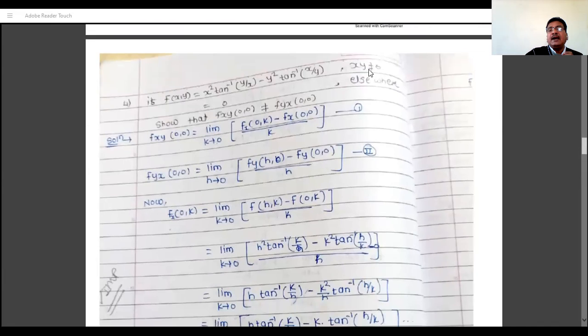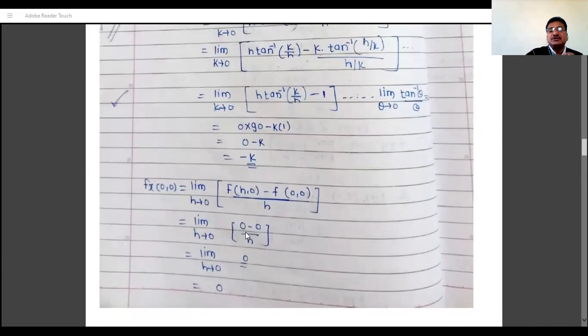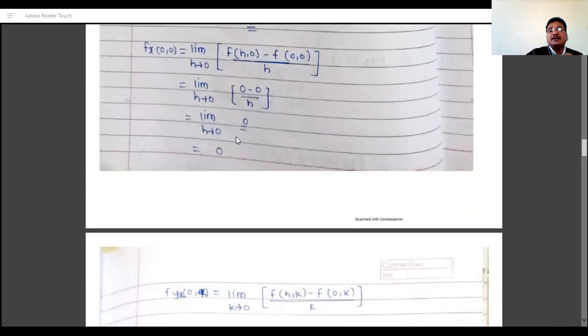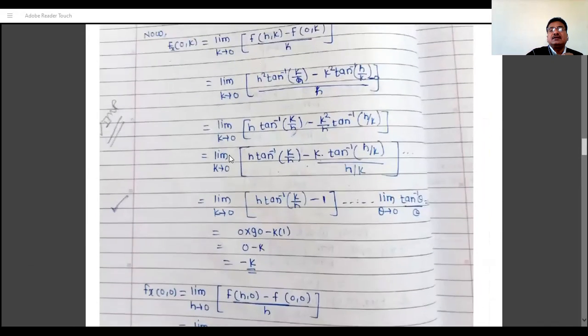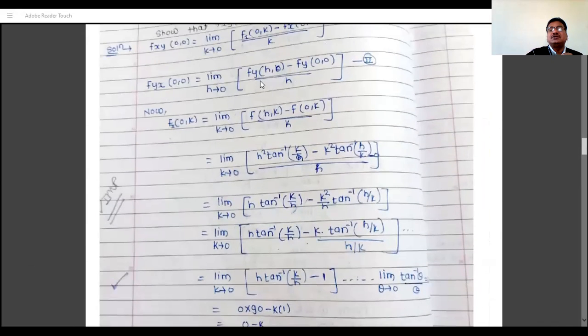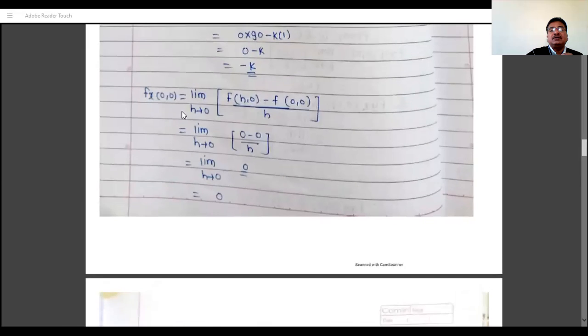So when x into y is 0, if one of them is 0, that is either x is 0 or y is 0, then the answer is 0. So f of h 0 value is 0 because the y coordinate is 0. f of 0 0 is 0 divided by h. Therefore 0 answer.